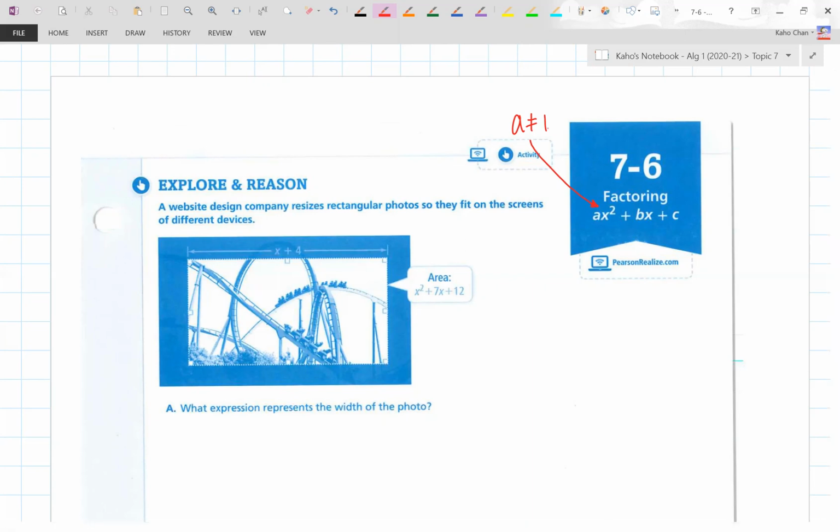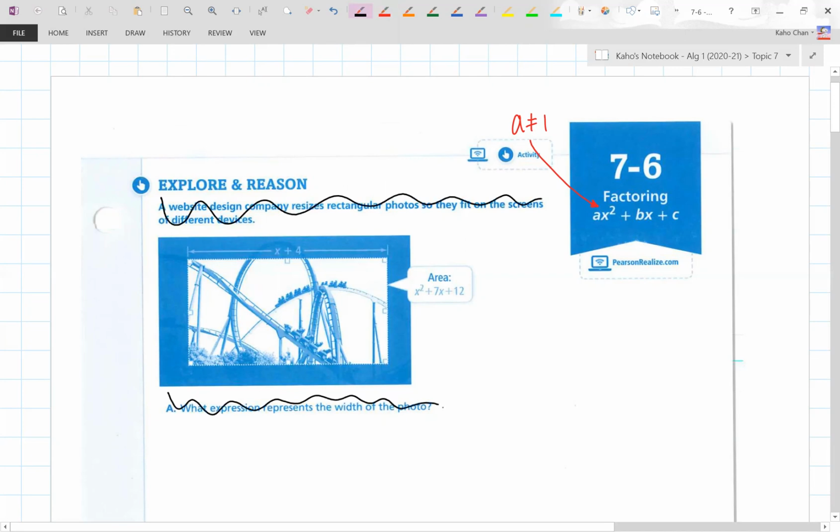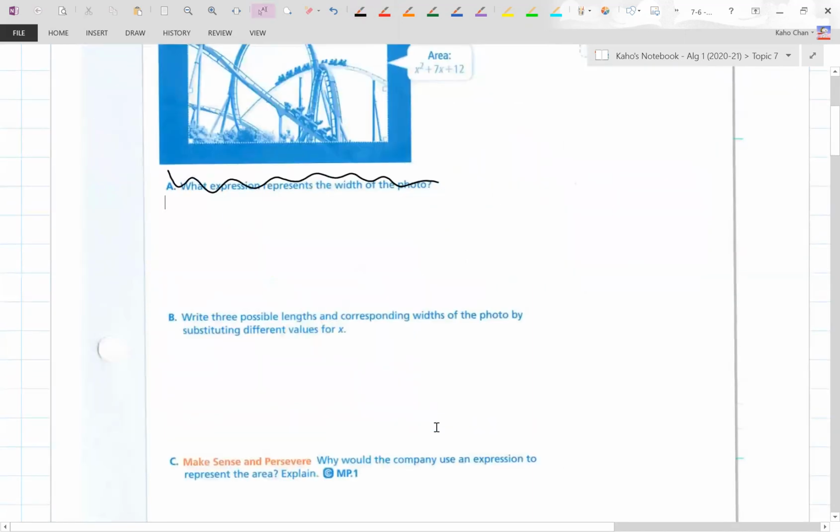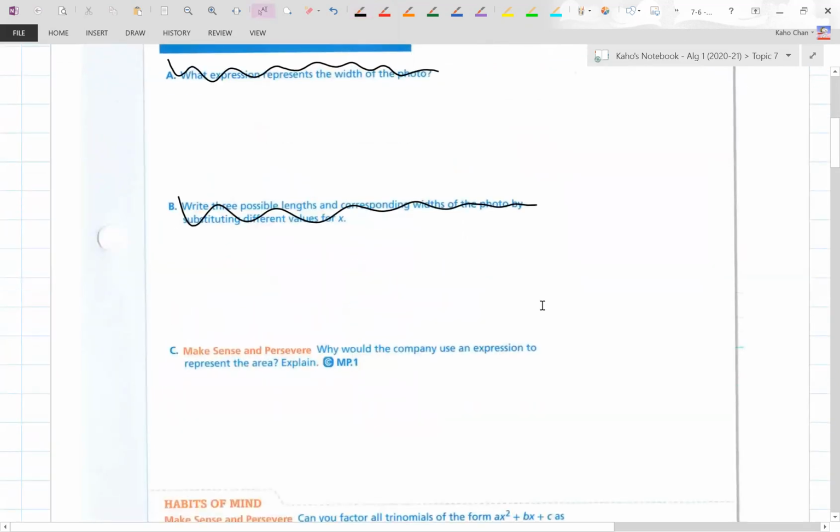We're not going to do the opener today. I'm actually going to write down the steps involved when it comes to factoring these quadratics. So I'm going to work my way around the white page here. Go ahead and cross out the parts that we don't need, and we'll just fit the technique around here, okay?